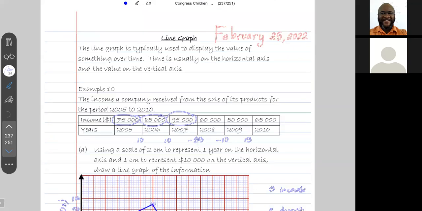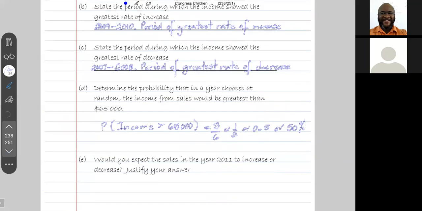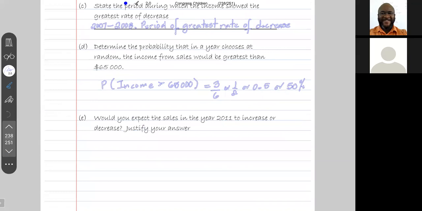To answer the question, this is what I would say. I would say increase, and this is my reason.